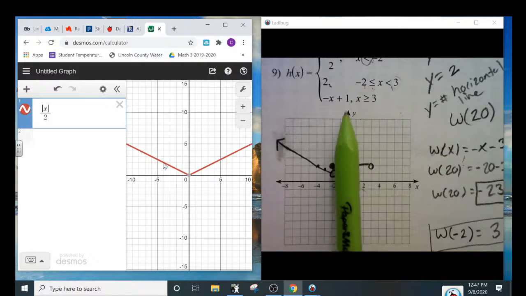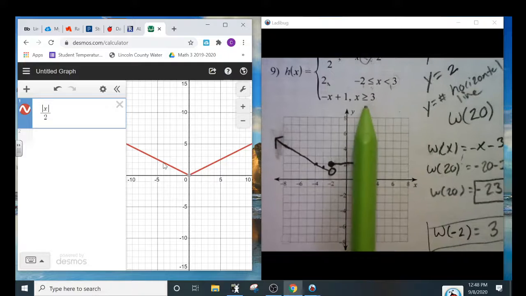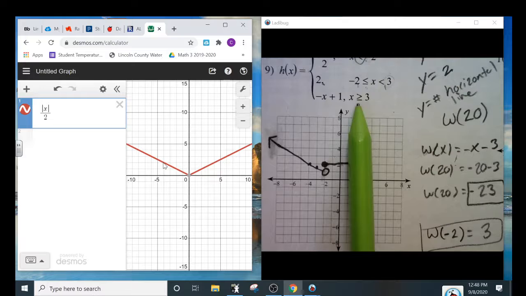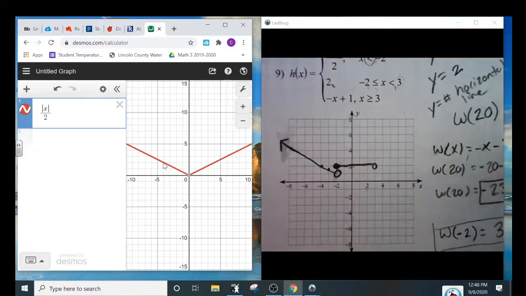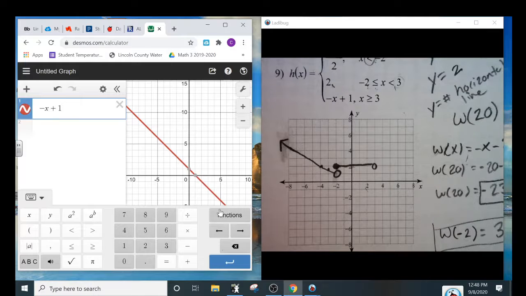Last but not least, y equals negative x plus 1 when x values are greater than or equal to 3. First of all, guys, on this function, am I going to graph to the right or to the left? According to this sign. Is that greater than or less than? Greater than is always to which direction? Right. Okay, so now, put that in our calculator. So negative x plus 1.